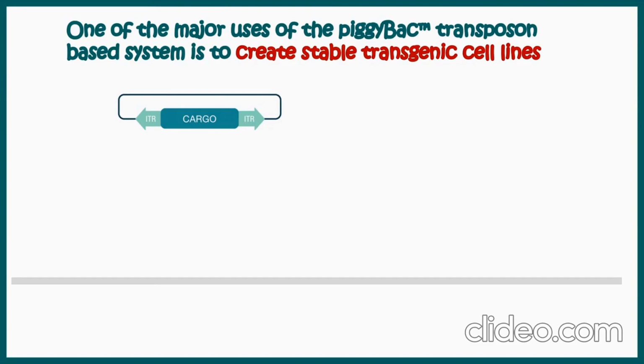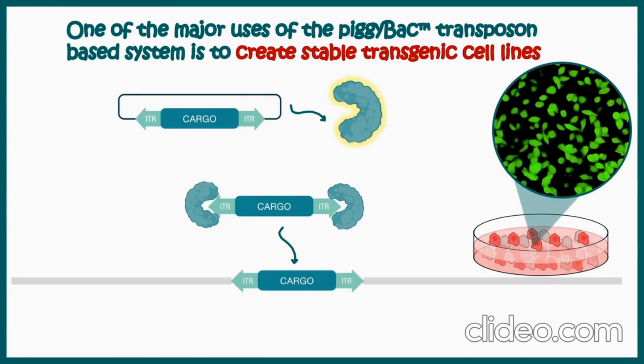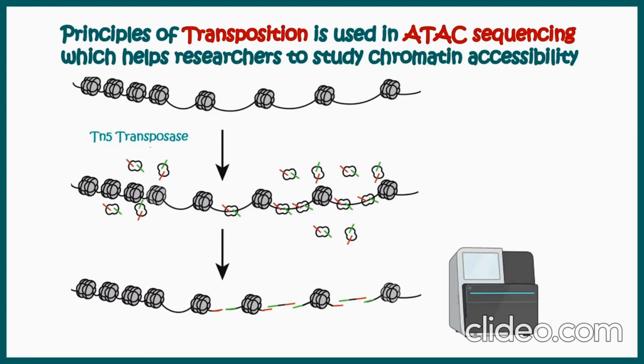Let's say you want to create a stable transgenic cell line, so obviously your transgenic construct needs to be integrated into the genome, and that is done by piggyBac vectors, which are actually transposon-based vectors. This vector along with the transposase enzyme is injected into the cell, and the cargo is integrated with the help of the transposition mechanism, and this integration is fairly stable. So let's say this cargo is GFP, then you can create a cell line stably expressing GFP.